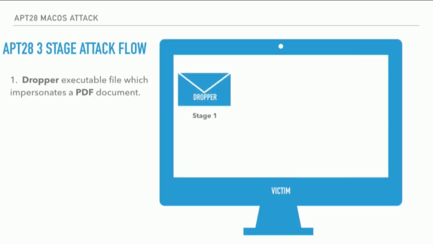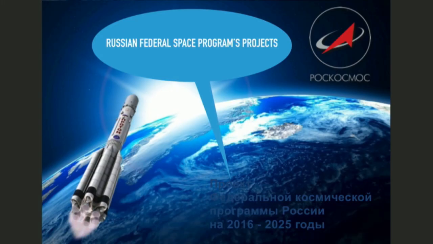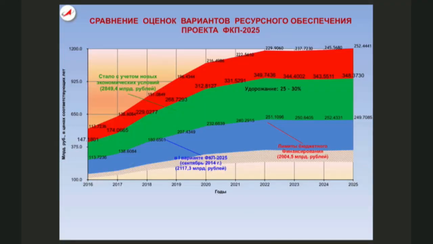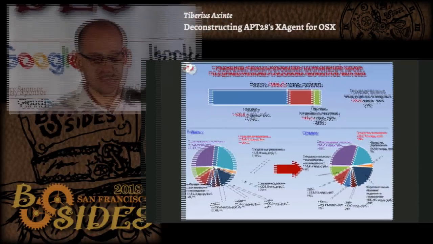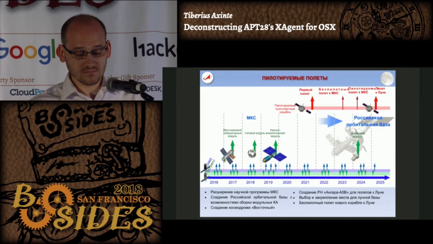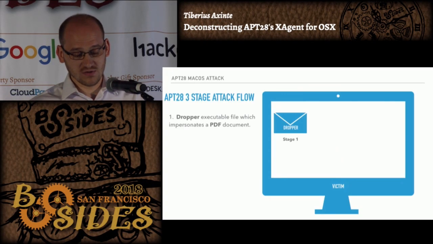The APT28 attack flow on Mac has three stages. First, it starts with an email attachment, which is a PDF document that, when opened by the victim, is displayed on the screen with the title Russian Federal Space Programs Projects. Here are a few pages from that document that include aerospace research information, satellite placement, and so on.